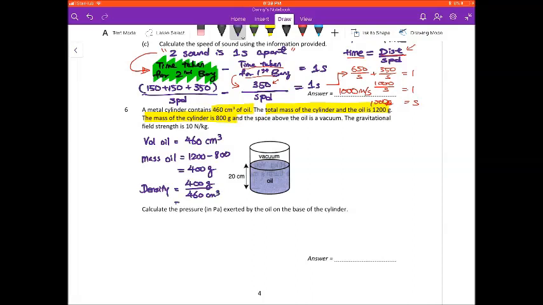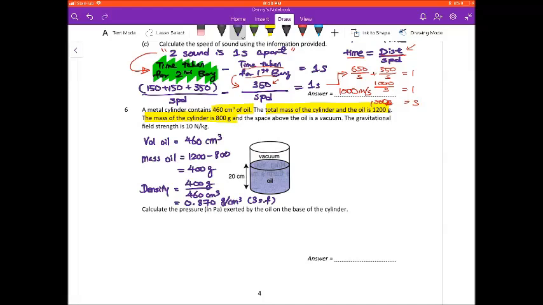Let me press my calculator: 400 divided by 460, you will get about 0.870 gram per cm cube. You notice that I put down the unit because whenever you are dealing with physics, the unit will determine whether your answer is correct or not.